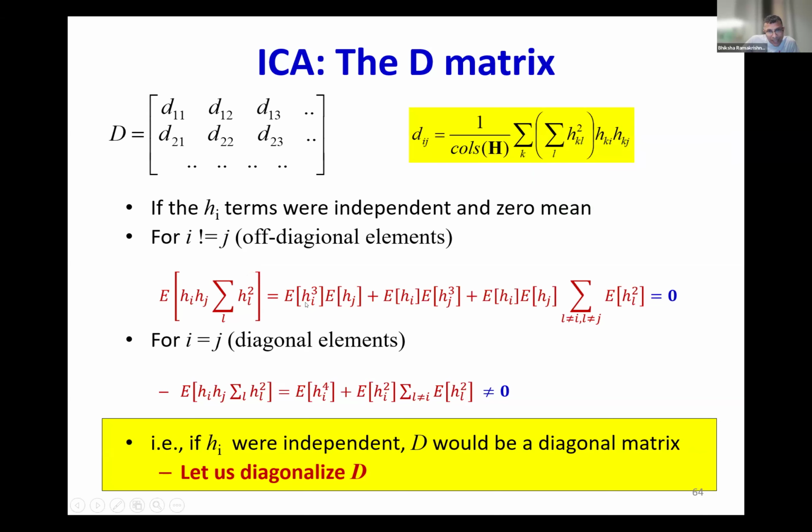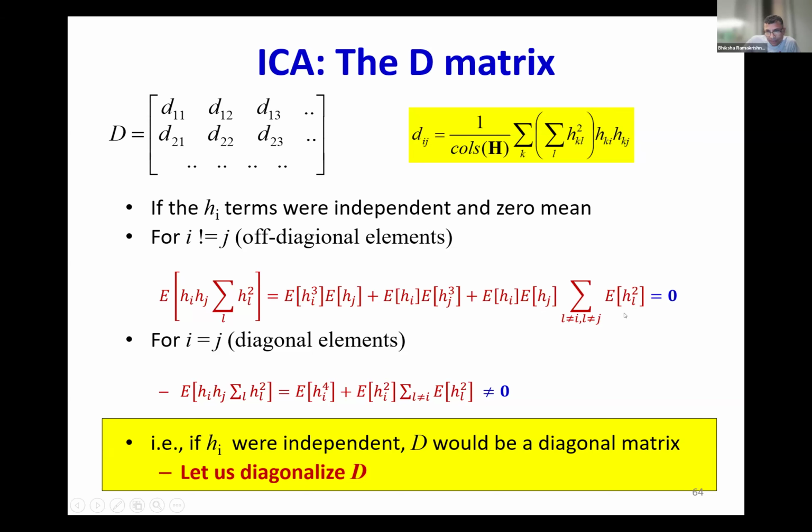So I can write this as an expected value. If the H's were independent, then this is going to be the expected value of Hi cubed times the expected value of Hj, plus the expected value of Hi times the expected value of Hj cubed, plus, because all the components are independent, the expected value of Hi times the expected value of Hj times the sum over all components that are not i and j of the expected value of the squared component.